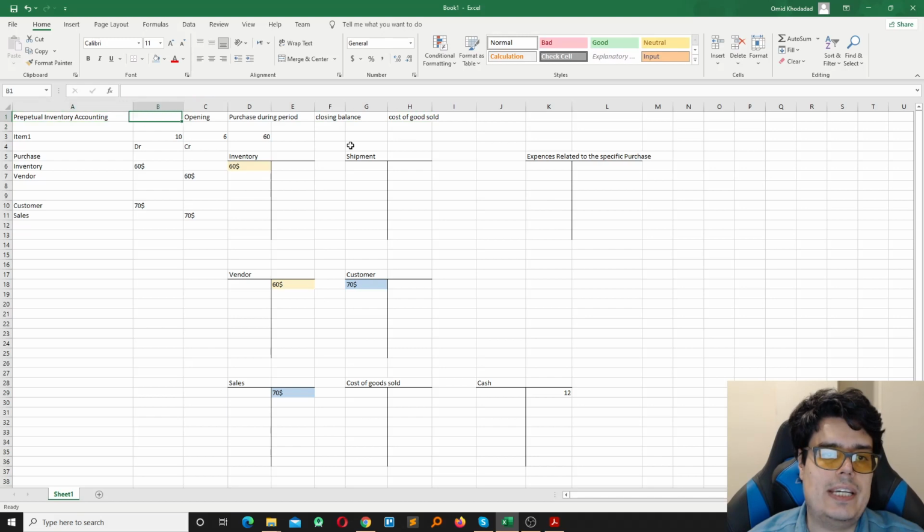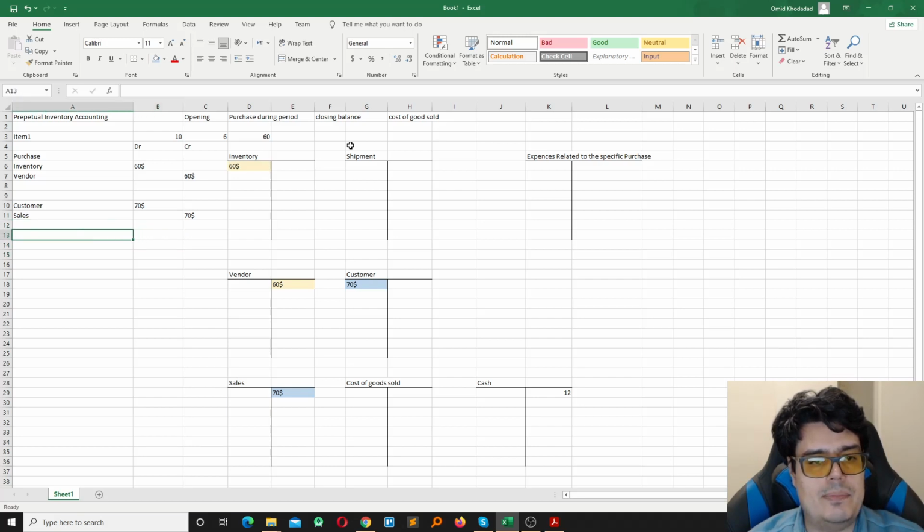But we have to wait for the whole period to find our cost of goods sold. In perpetual inventory accounting, we can immediately record this after we raise the sales invoice or when we raise the delivery note. It's based on company requirements. Some companies want to have its effect when the sales invoice is raised. Some companies don't want to have a separate delivery note for this.